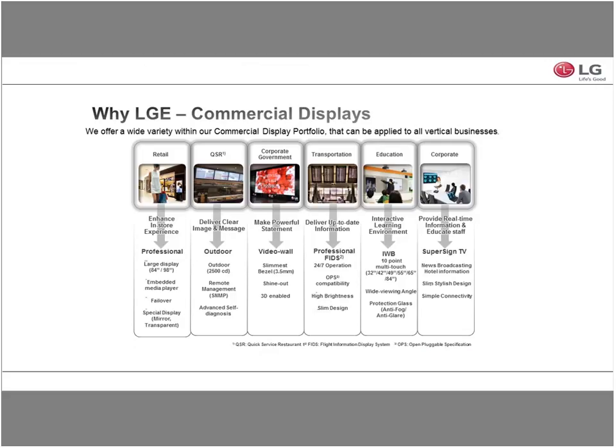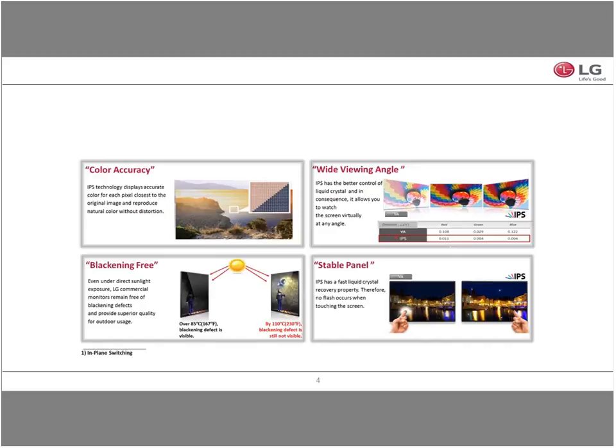Now, as far as the Zero Client, we feel that this will be a great fit into corporate and government, education, and anywhere that you need to be connected via cloud. But those are the recommended verticals, and Danik and myself will talk a little bit more about that.